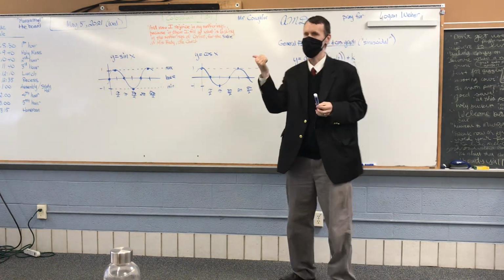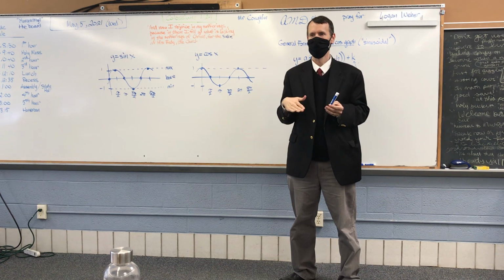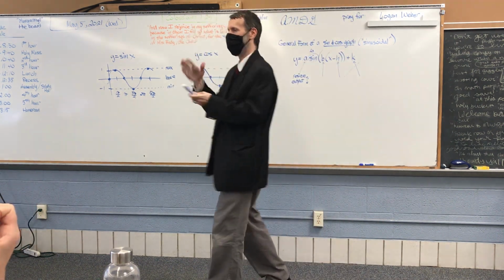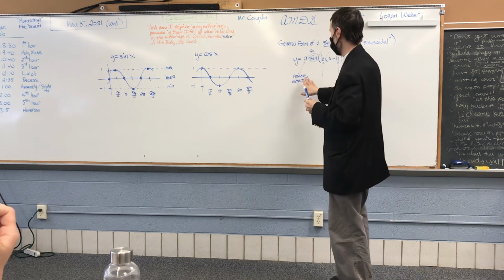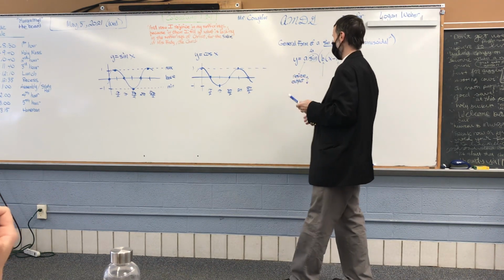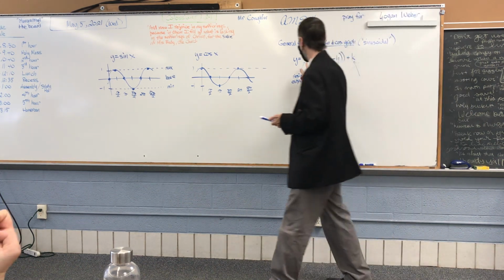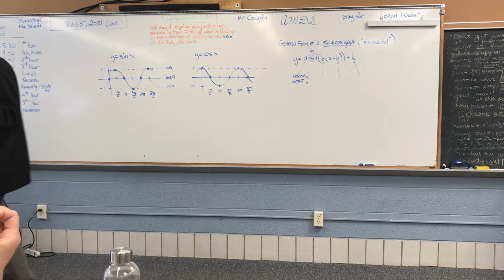You can either make it taller, or you can make it narrower, shorter. Which one? Shorter. Shorter, yeah. Taller and shorter are the vertical direction. Wider and narrower are the horizontal direction. So I'll have to keep this straight. If it's resizing the output, it's either going to make it taller or it's going to make it shorter. When you multiply by a number, like 2, do you expect something to get bigger or smaller?